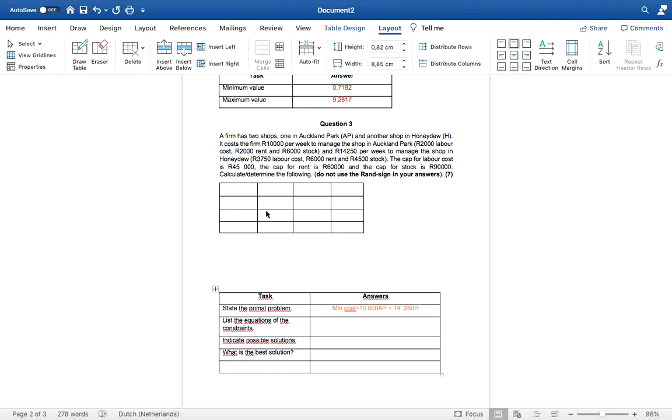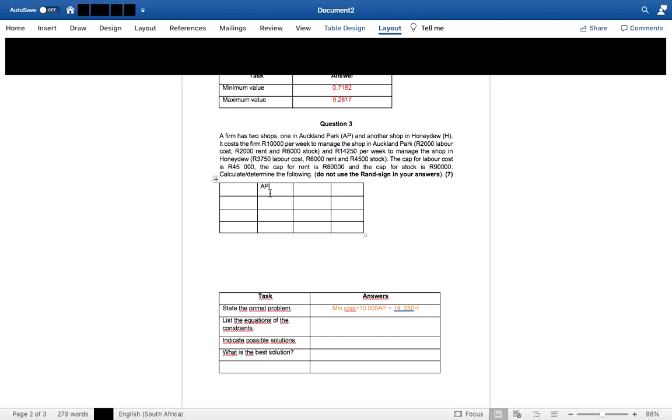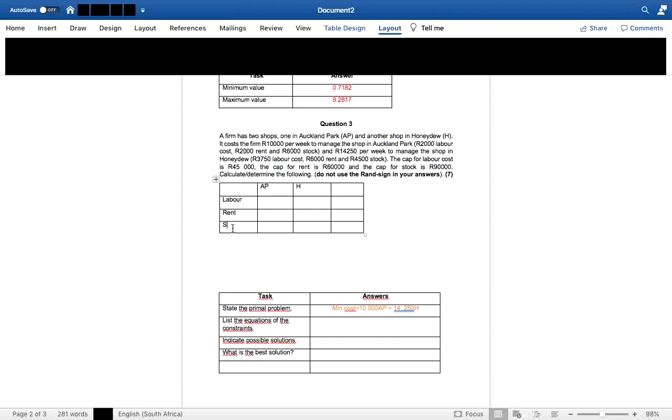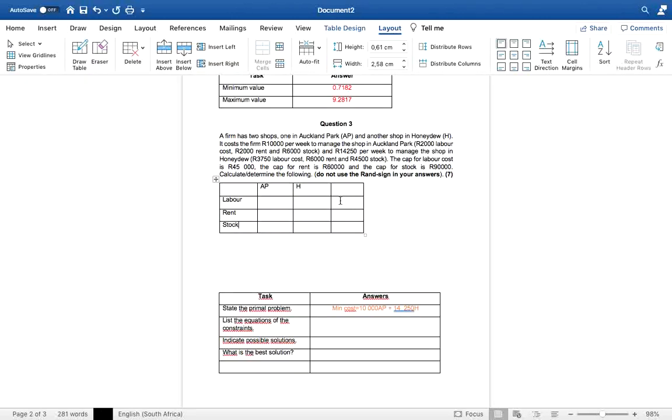Right, and then the second question is list the equation of the constraints. So how can you do this? I like drawing a table firstly. You've got Auckland Park, that's the AP, and then we have the shop in Honeydew. The different constraints that we have are labor, rent, and stock.